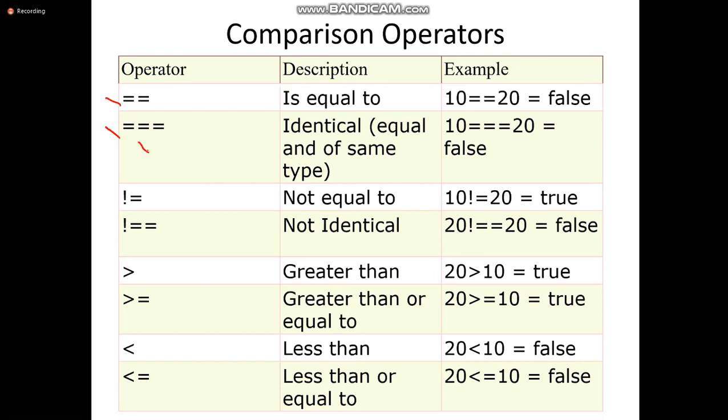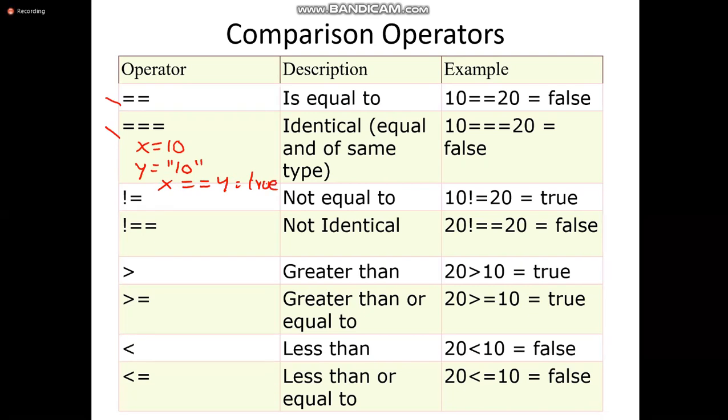Suppose x equal to 10 and y is equal to "10" in quotes, which means it is a string type. Then if I write x == y, usually it returns true.